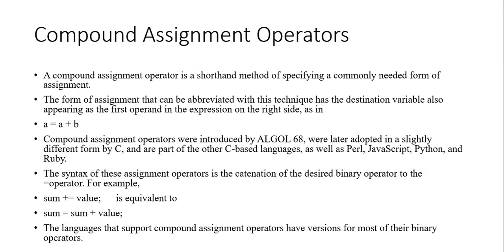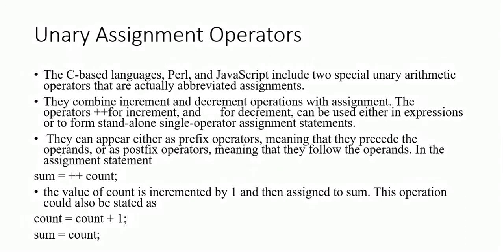Then unary assignment operators. The C-based languages, Perl and JavaScript include two special unary arithmetic operators that are actually abbreviated assignments. They combine increment and decrement operations with assignment. The operator ++ for increment and -- for decrement can be used either in expressions or to form standalone single-operator assignment statements.